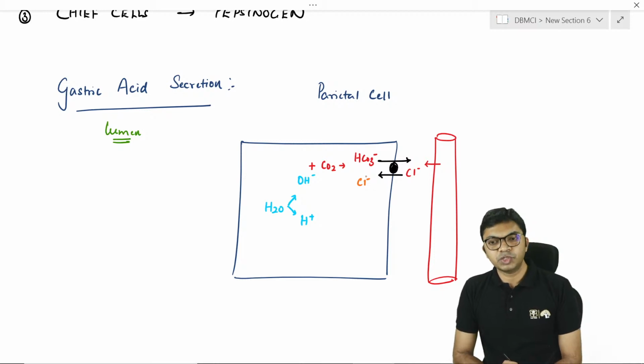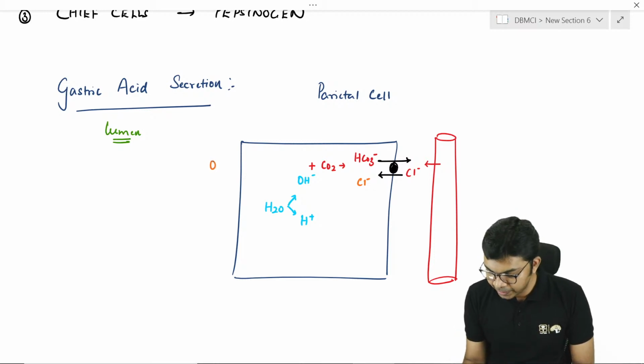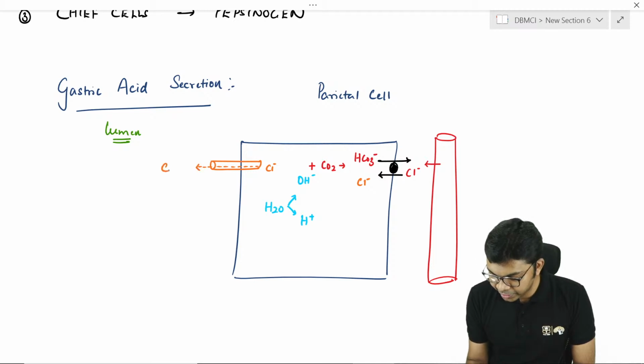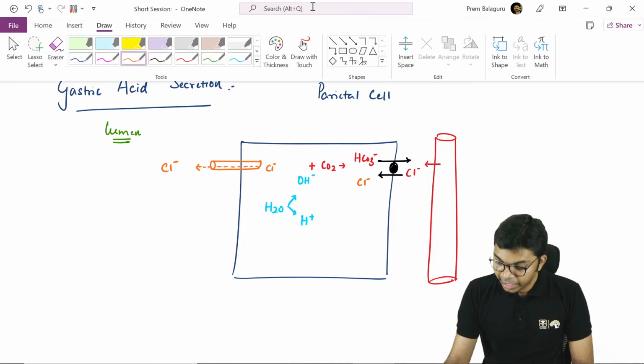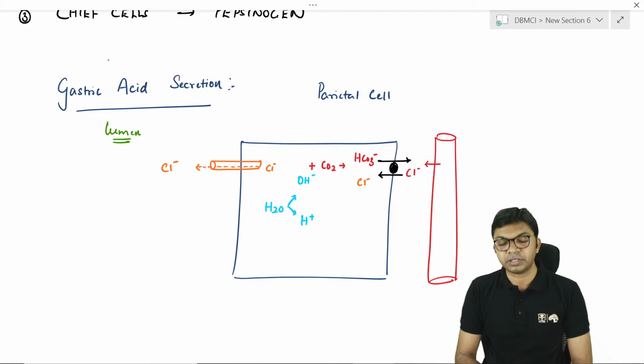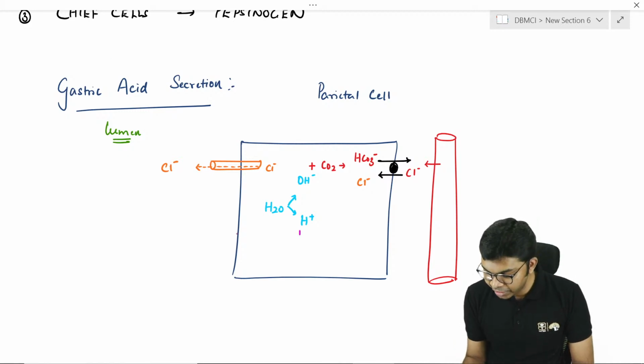The chloride that got into the parietal cell is now taken into the gastric lumen. The chloride entering the parietal cell is going to be secreted into the gastric lumen. That's how we get chloride ion secretion separately. The hydrogen formed by breakdown of water is going to be exchanged by primary active transport.